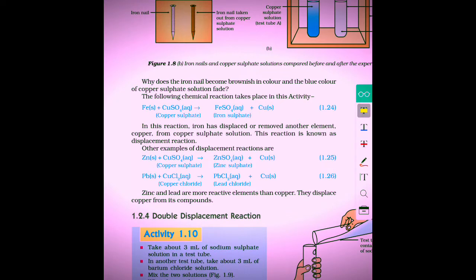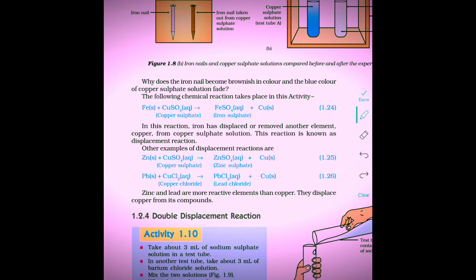Other examples of displacement reactions are Zn plus CuSO4 gives ZnSO4 plus Cu, and Pb plus CuCl2 gives PbCl2 plus Cu. Zinc and lead are more reactive elements than copper. They displace copper from its compound.